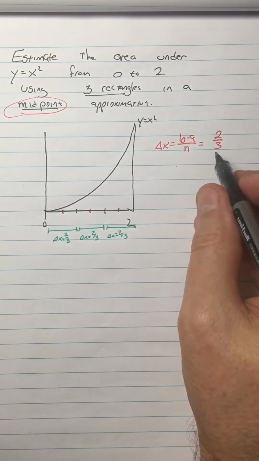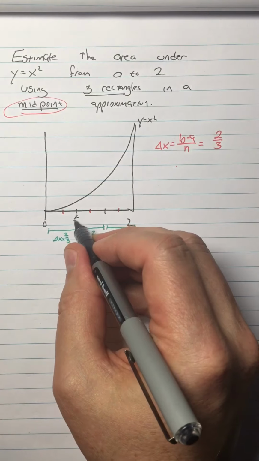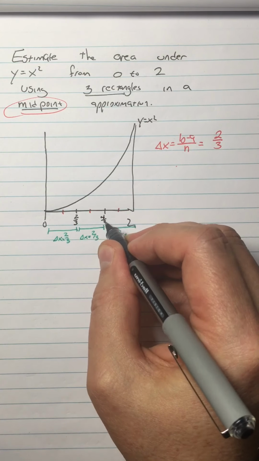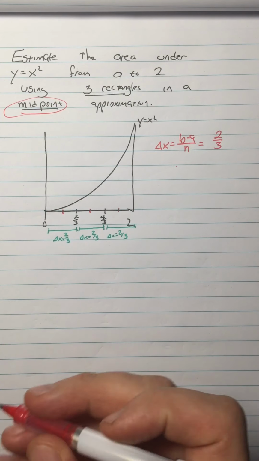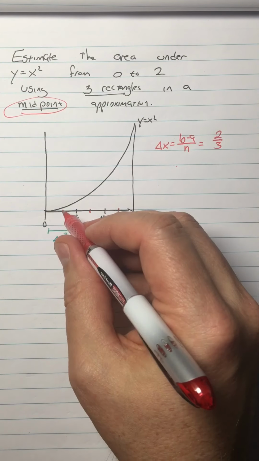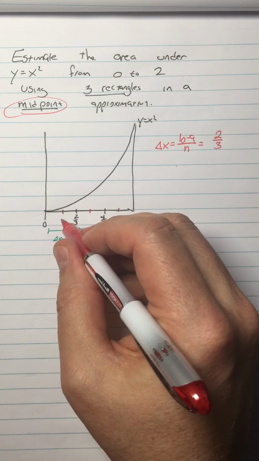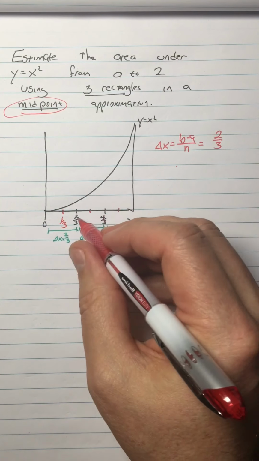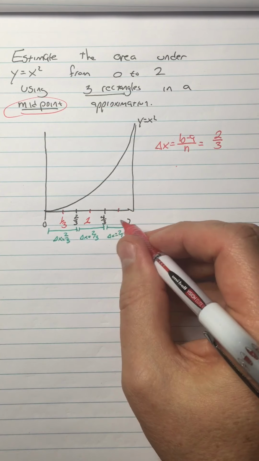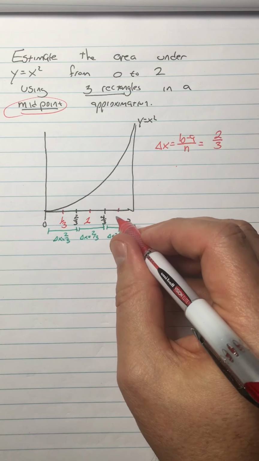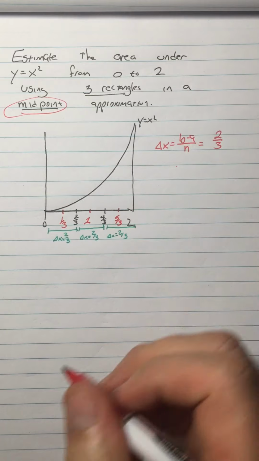So we can figure out what these are. I'm counting up by 2/3, so this is 2/3, and this is 4/3, and this is 6/3, which is 2. But what are the x sub i's that I'm actually going to use? I'm going to use this number, which is half of 2/3, which is 1/3. I'm going to use this number exactly between 2/3 and 4/3, which is 1. And I'm going to use the number in between 4/3 and 2, which is 5/3. So those are my x sub i's.